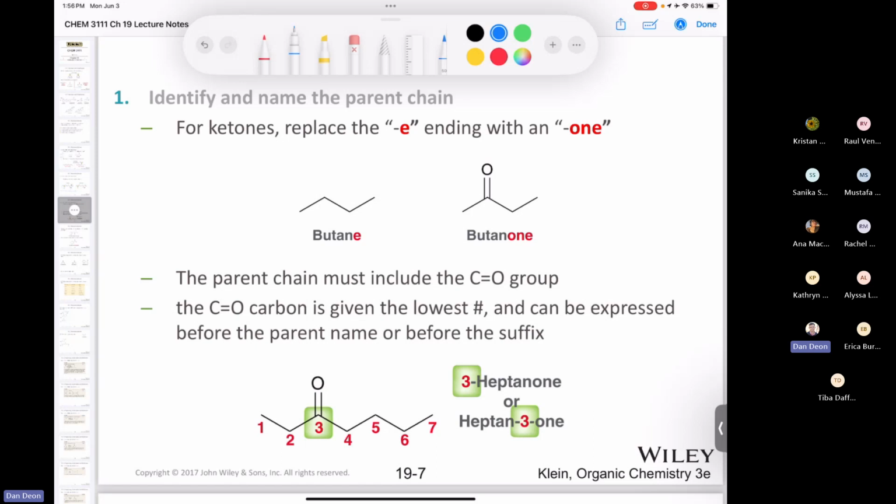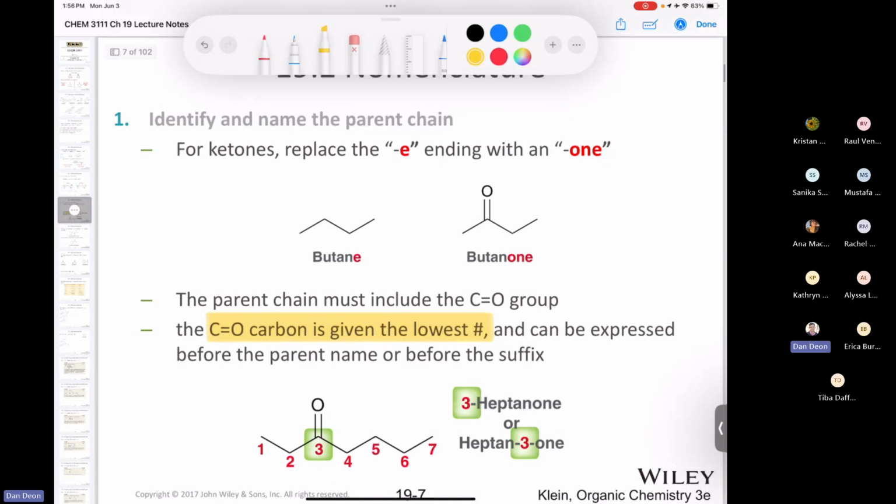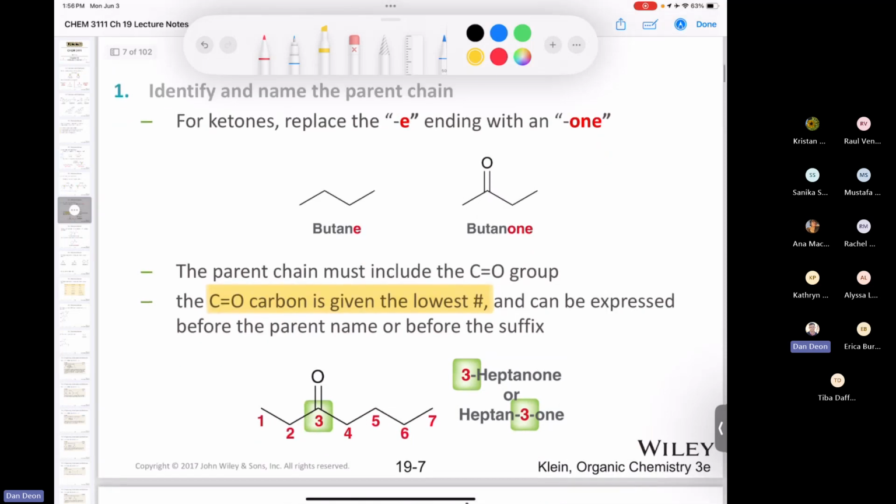The rule is you want to give the carbonyl carbon the lowest possible number. Okay, forget about the rest. Just give the carbonyl carbon the lowest number, and the rest just put it the way it is. Okay. So I told you that there's a couple of ways you can do this when we looked at alcohols. So we could say 3-heptanone, or we can say hepten-3-one if you really want to be cheeky.